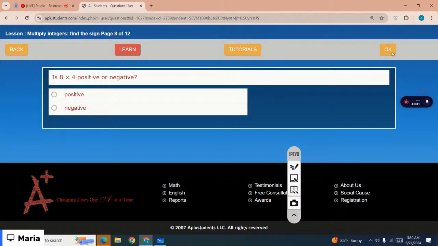Is 8 times 4 positive or negative? Positive it is, because both the numbers are positive, so the answer must be positive.